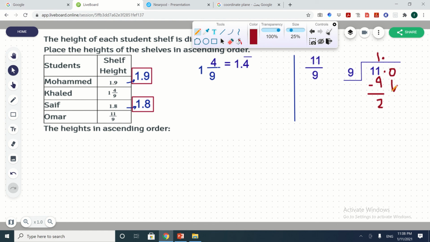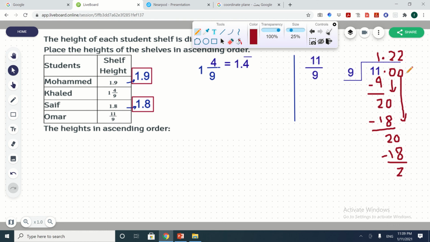We will put a point and put 0 up. Bring it down. 20. How many 9 in 20? We have 2. 2 multiplied by 9 gives us 18. 20 subtract 18 gives us 2. Bring down 0. 20, how many 9 in it? 2. 2 multiplied by 9 gives us 18. Subtract 2.